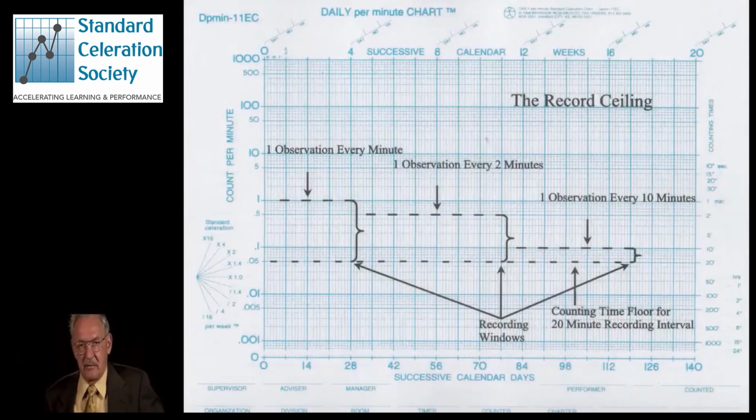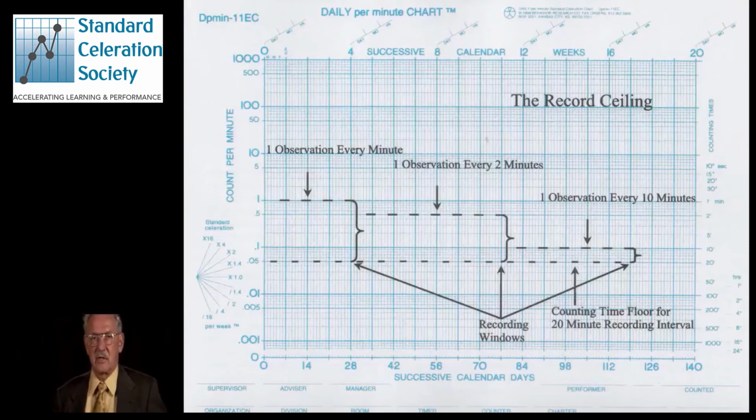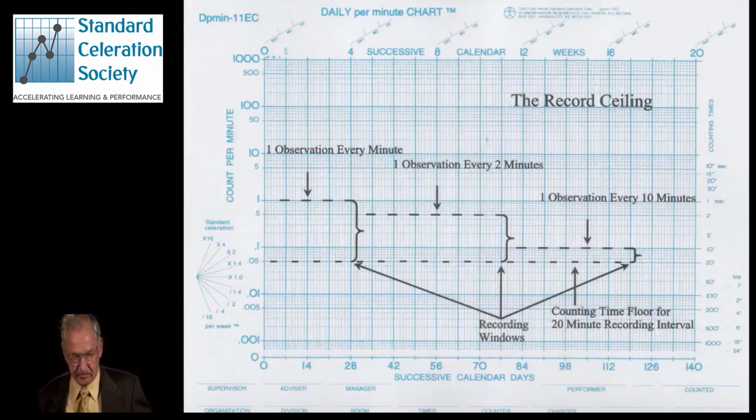Now there's another kind of limit on behavior frequencies on this chart, and that's called the recording ceiling. Recording ceilings are imposed by recording practices or recording procedures that set arbitrary limits on the frequencies that we can observe. For example, if we have a recording procedure in which we look to see if the behavior occurs every 30 seconds, as a 30-second interval goes by, we look and see, did it happen?